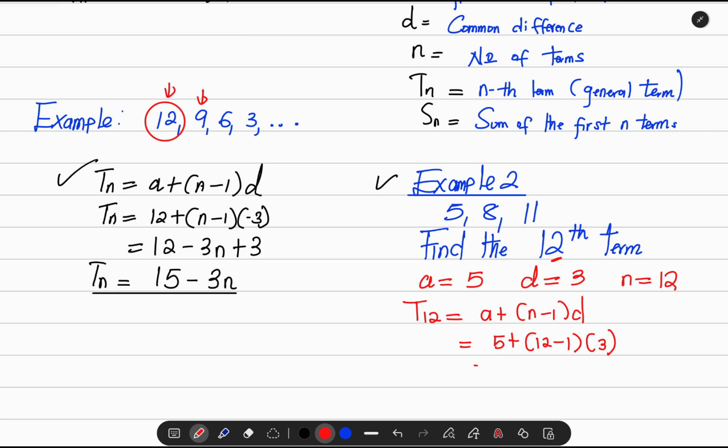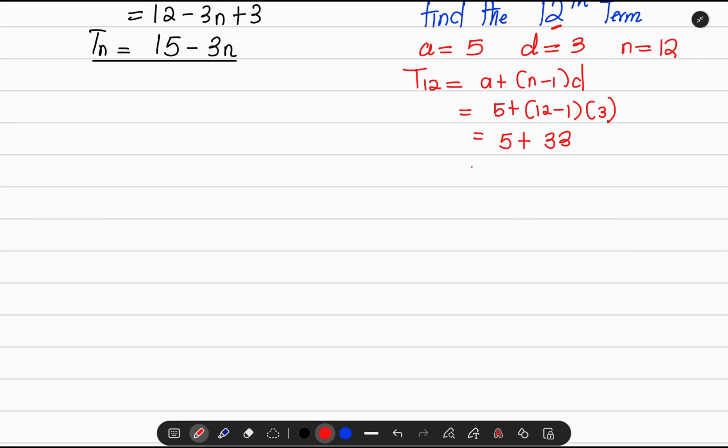Right? Meaning we have 5 plus 12 minus 1 is 11, 11 multiplied by 3, you get 33. Meaning that the 12th term in this sequence will be 38. Clear? All right.